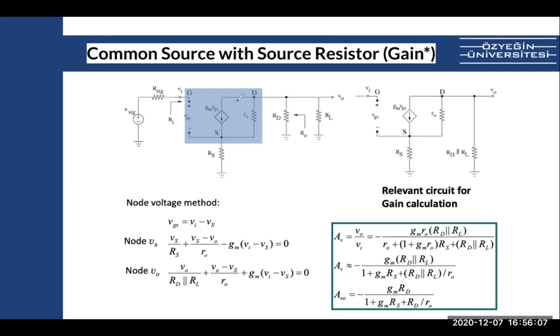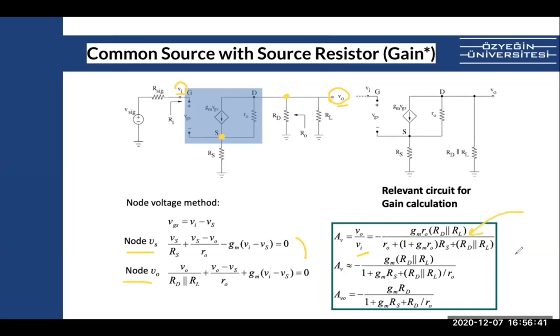So to solve the gain of this circuit, you have to do some nodal voltage method. So you gotta do a nodal voltage analysis at Vs, and you gotta do another one at V0. And doing that, you find V0 in terms of V in. And that means you can find the gain of the circuit.